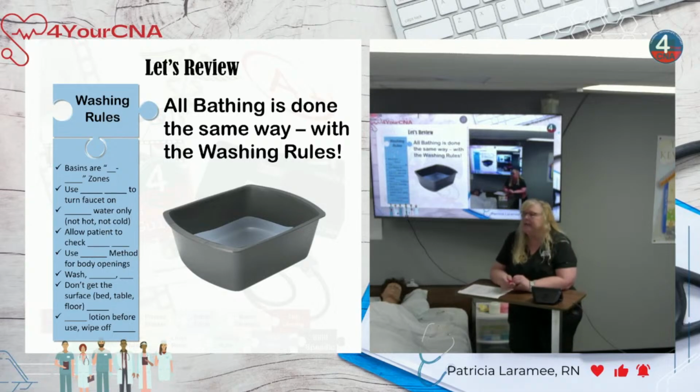This is called the leaves method. This allows us to use each corner of the washcloth once and then fold it in a certain way to give us a clean area to work with. So remember, we use the leaves method for any body openings.